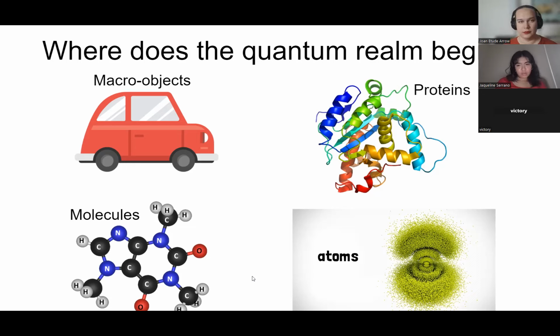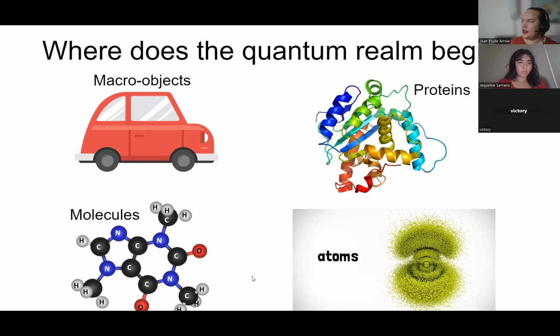Just because there's so much that goes into quantum that I feel like it could be in objects as big as cars. We can probably see some quantum algorithms or behaviors and things like that.